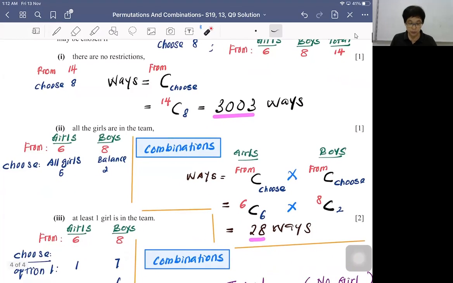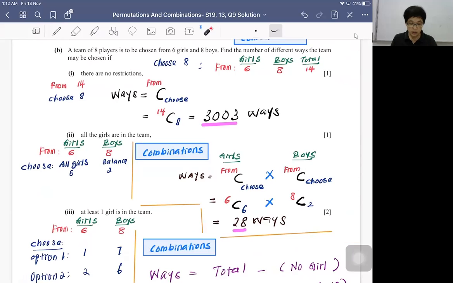Now in part 2, all girls are in the team. Okay, you have noted that a condition has been imposed that limits your choices and the way you form your team. The condition given to us is that all the girls must be in the team, not one of them to be missed out from the selection.